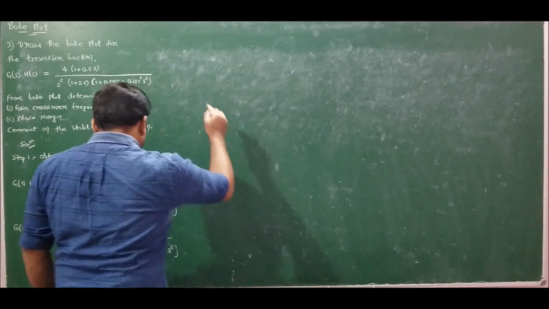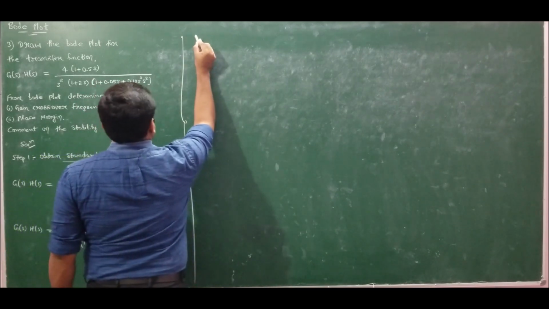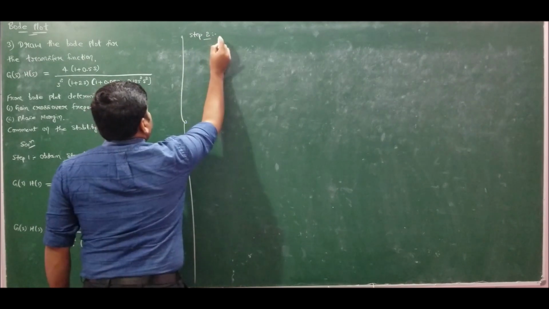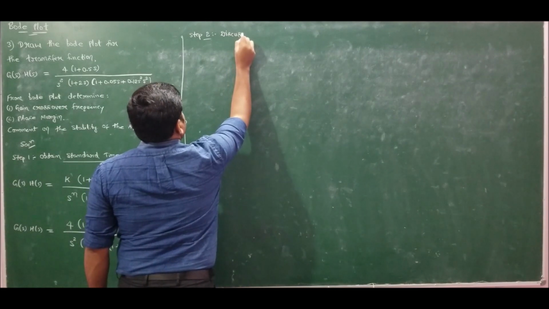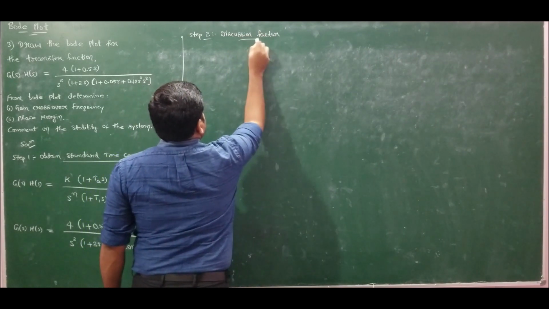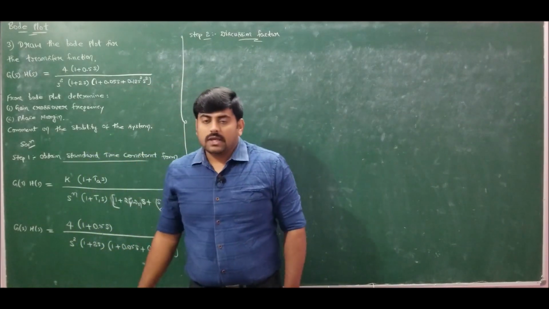Now move to step 2. What is step 2? Step 2 is the discussion of factors. So let us discuss the factors present in the transfer function by taking them one by one.